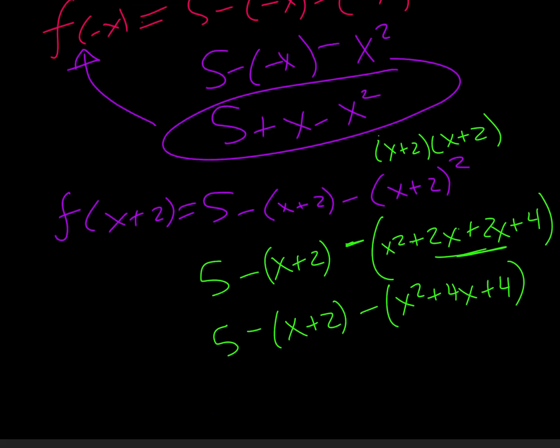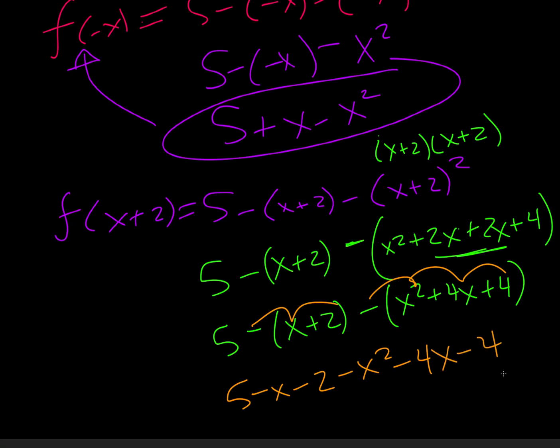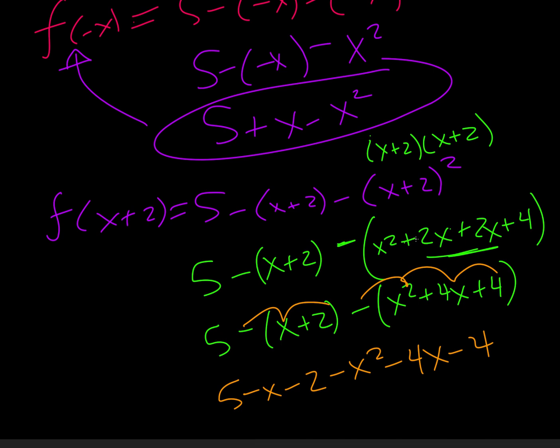Okay, now I'm going to distribute this negative, and I'm going to distribute this negative. So 5 minus x minus 2 minus x squared minus 4x minus 4. And then combine like terms. So we got these two things. So that's going to be a 3. Oh, whoops. And then this negative 4.